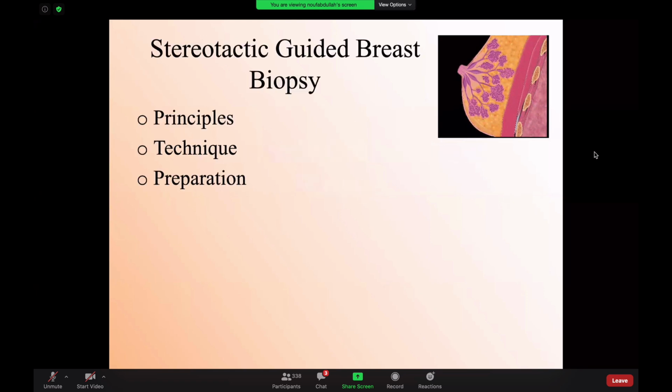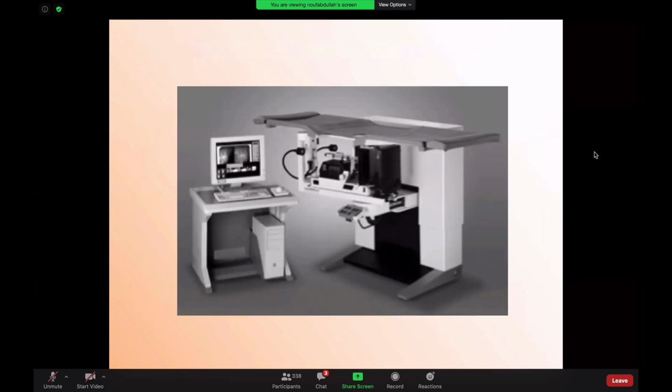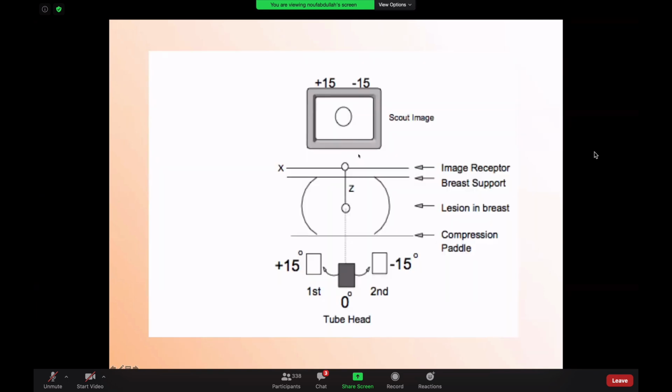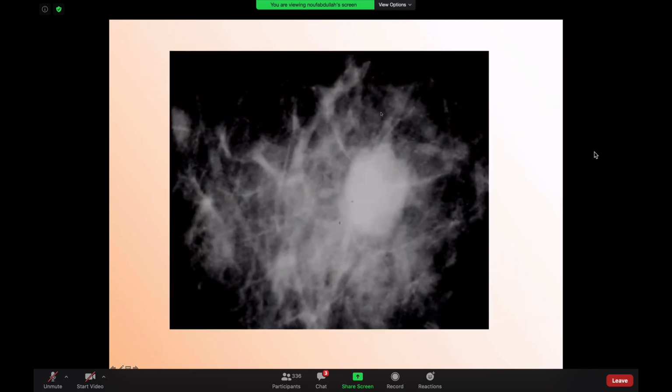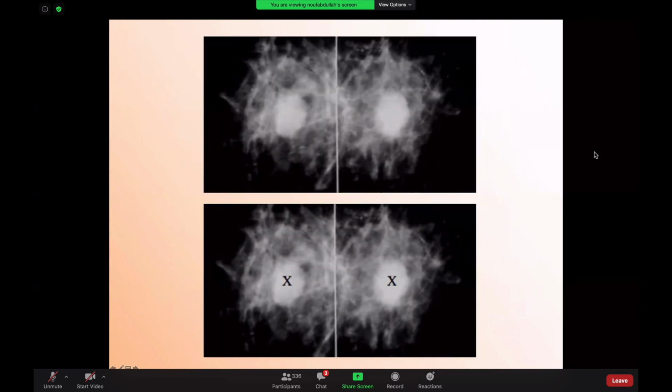What is a stereotactic guided breast biopsy? Stereotactic, this is how it looks like. This is a table. The patient will lie prone on her tummy. The breast will be hanging from this part, and then we will do the biopsy using X-ray. What we do is we do 15 plus, 15 minus. We will have 2 images similar to this.